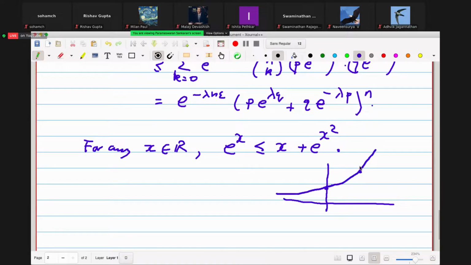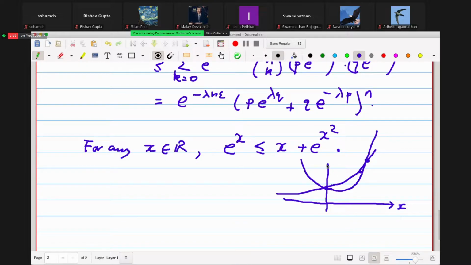Sorry, my figure is slightly skewed. The other one is a little more steep. That is e power x square because it has to be symmetrical. And it goes down like this and like this. Sorry, I don't want to extend it here. This is a very bad picture, I agree.